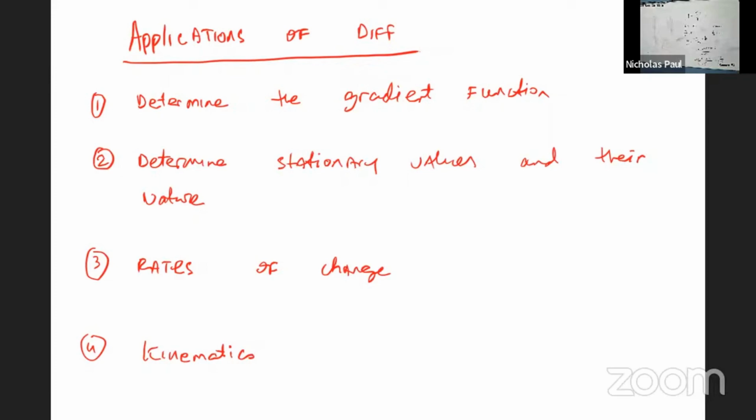So we're going to start with determining the gradient function, right? Within your number 4, which is differentiation, they will ask you to differentiate something like this. Then they would ask you two of these rules.